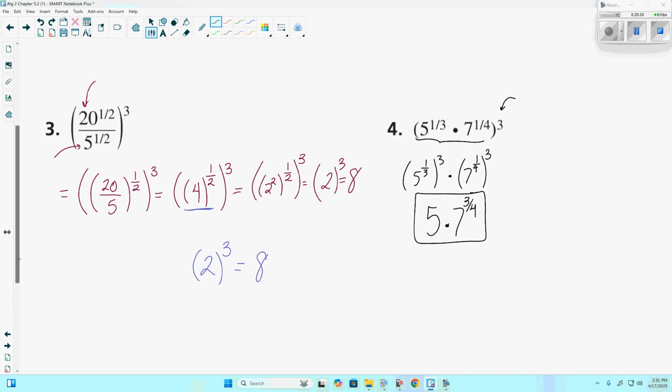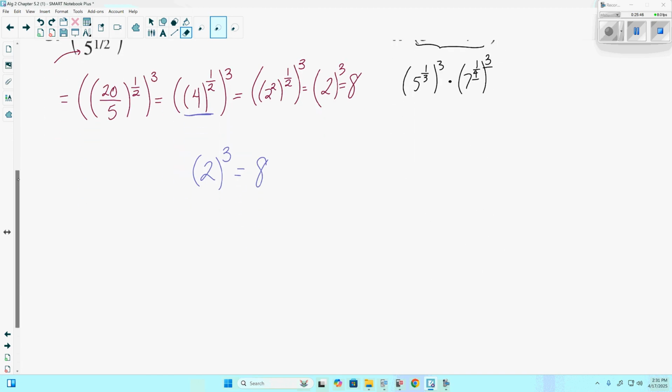7 to the 1/4 to the third, powers of powers multiply. So we're going to multiply our 1/4 and 3. So really the in-between step that we could put is that this is the same as 5 to the 1/3 times 3 times 7 to the 1/4 times 3.